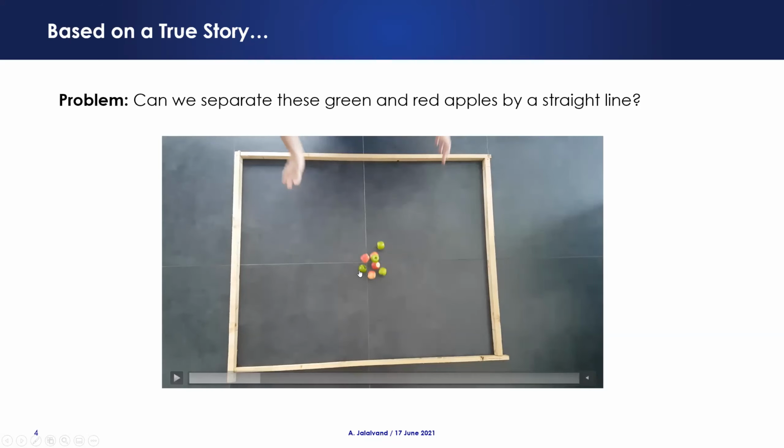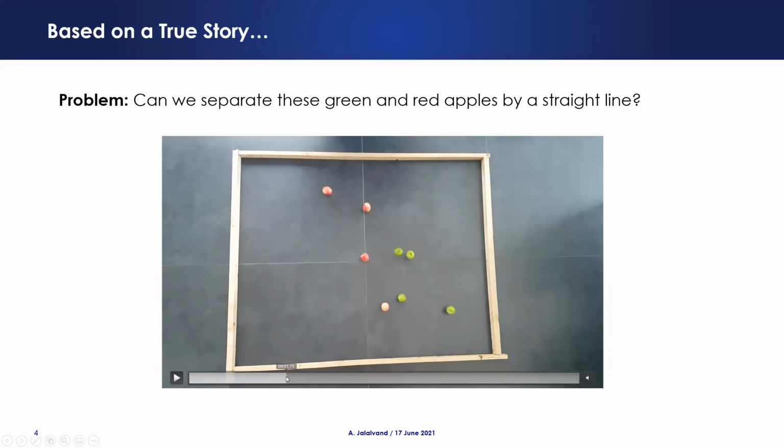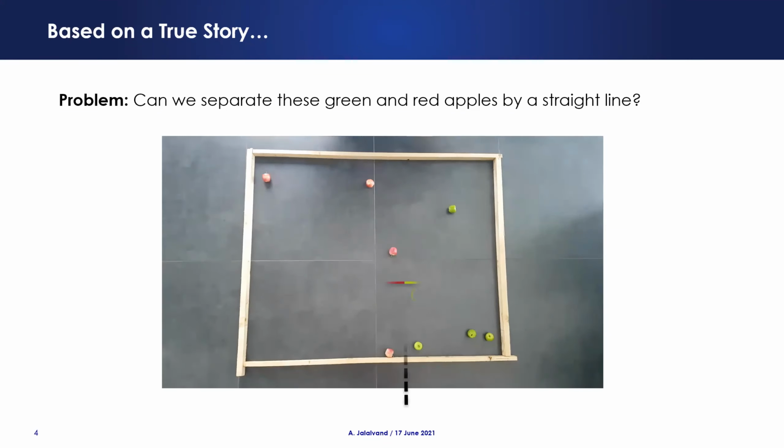If you look at this little green apple, for some magic, for some nonlinearity or dynamics or whatever, it starts to fly to the right side, and hopefully, I was lucky that none of the red ones went to the right and the other way around. So I was lucky that they stayed in the correct place. Now I can separate them very nicely with 100% accuracy.